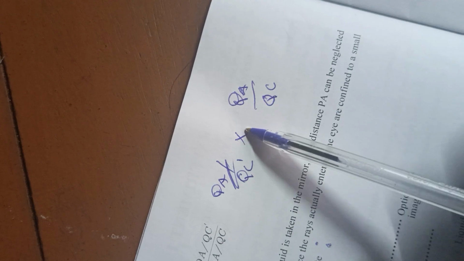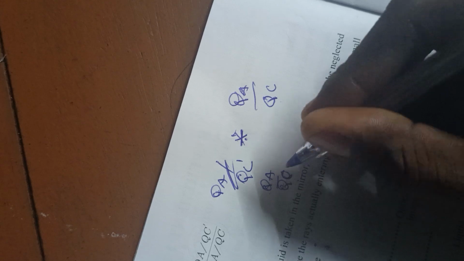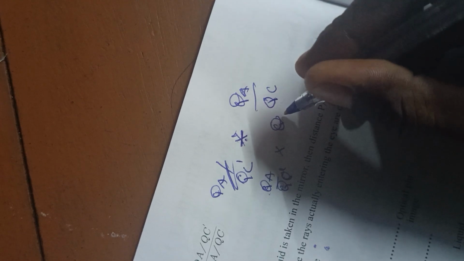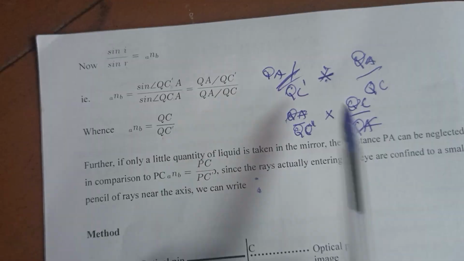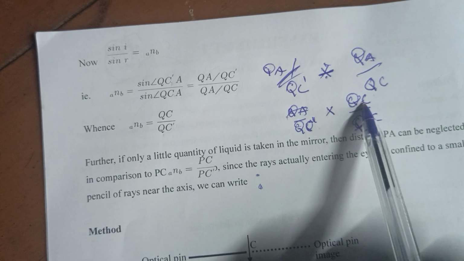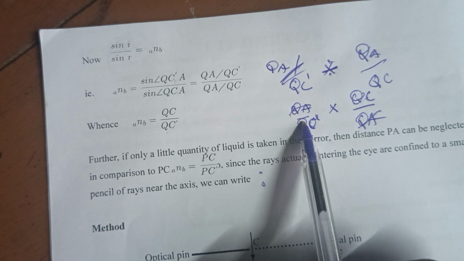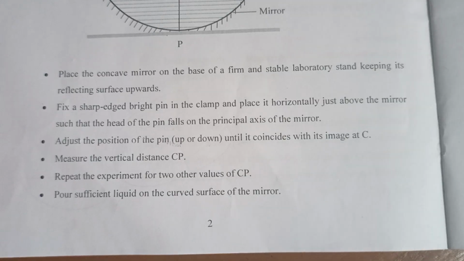Now this is dividing this, so when it's multiplying, this will come on top, so the relation will change to become QA is dividing here, so it will come and multiply QC prime times QC on QA. So this cancels out this, and then we get this relation here. So that's how they got this. So you realize that it will be left with this and this, QC on QA, QC prime, to be left with QC on QC prime. Okay, now this is the method, and that's how it's done.